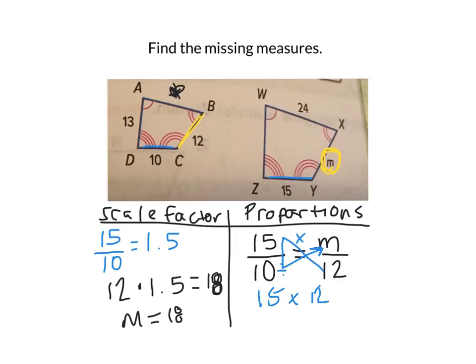So I'm going to start by going 12 times 15, which is 180. And then I'm going to divide by 10, and it's going to give me M equals 18. So that is how you can use your properties of similar polygons to figure out side measurements.